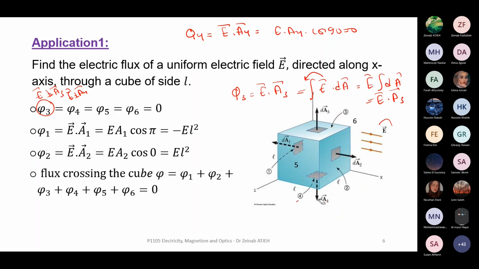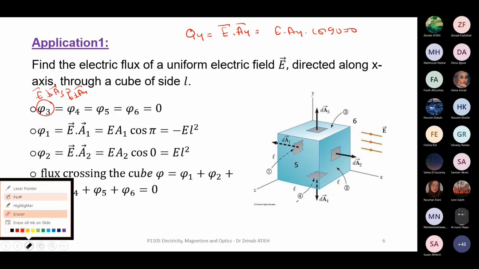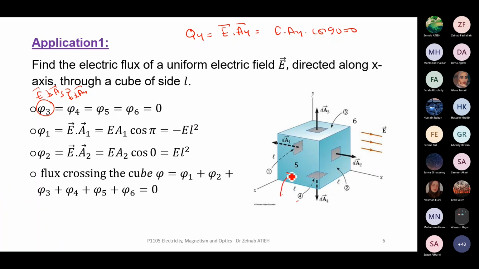So let's do now 5 and 6. Where's 5? 5 is the one facing us, I can see it from here. Let me just help you see which one is 5. So this is 5. This is the face that is 5. So if I'm going to draw A5, I'll draw it like this. This is A5. A5 is perpendicular, so this is E like this.